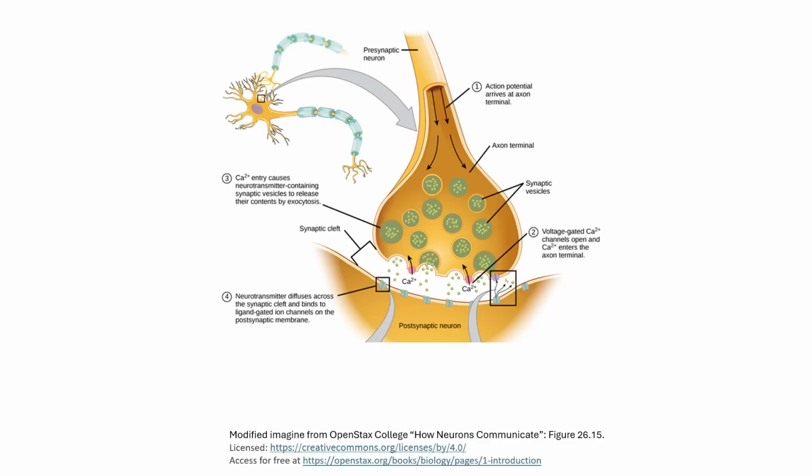If we look inside of the axon terminal button of the presynaptic neuron, we are going to find all these spherical things called vesicles. And these vesicles, in this case, are going to be filled with chemical messengers called neurotransmitters.